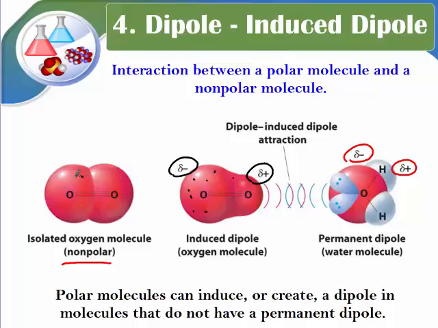All the electrons will then go over to this side, making this side slightly positive and this side slightly negative. So because I have a polar molecule coming in contact with a nonpolar molecule, this slightly negative repels the electrons, making one side slightly positive and the other slightly negative.